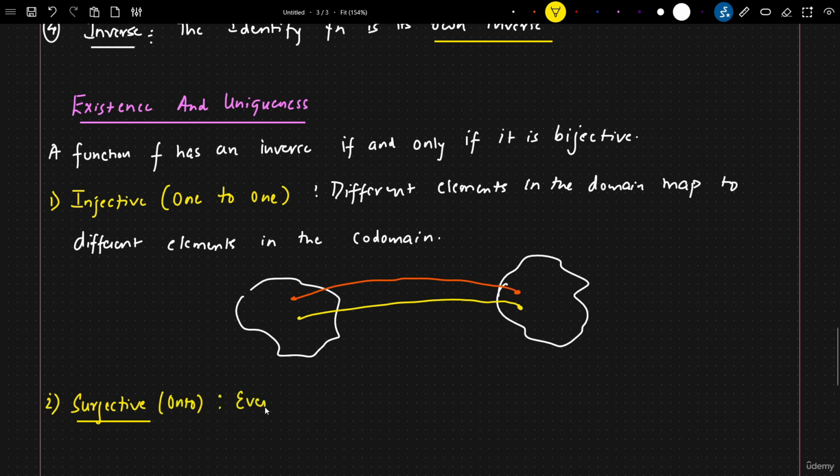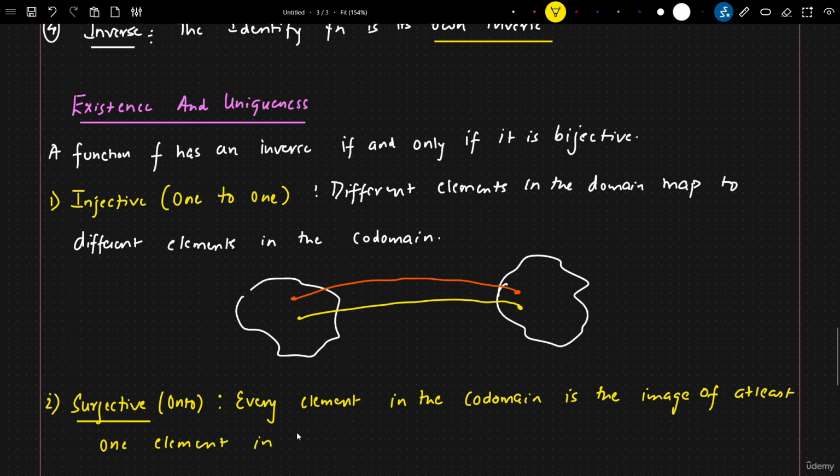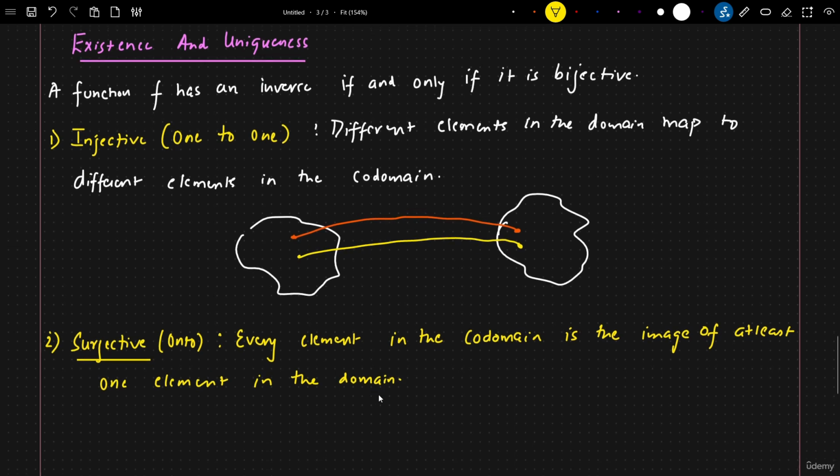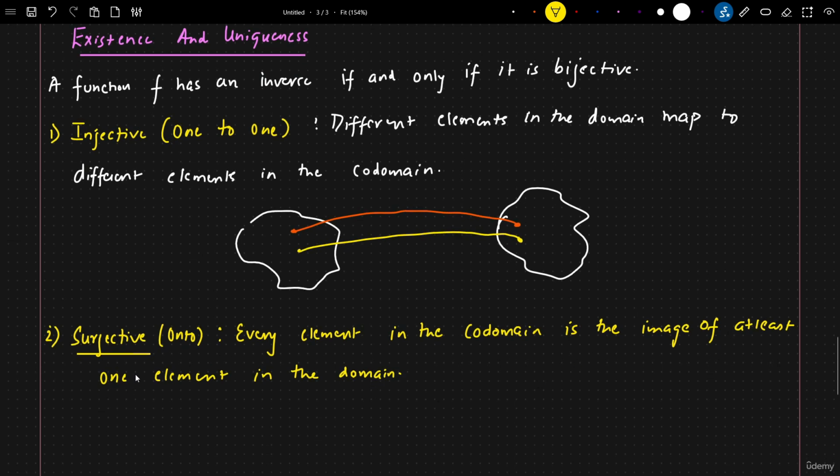So here every element in the codomain is the image of at least one element in the domain.